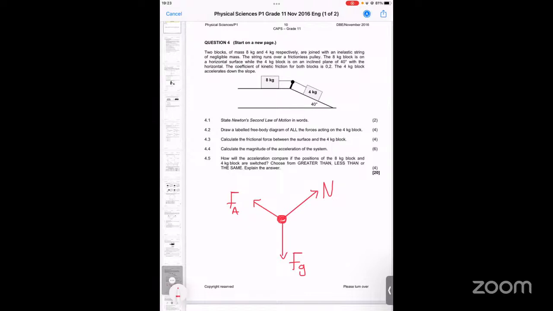Oh, okay, sir. So when you draw a labeled free body diagram, avoid drawing the F parallel and the F perpendicular. Just use the one which is always going down. Okay, sir. So read through the statement and then let me know if you want to change.